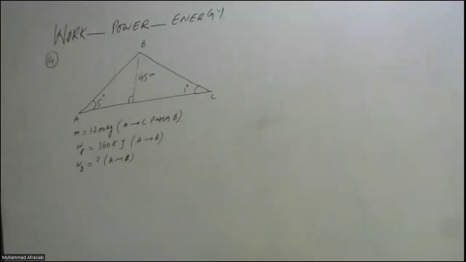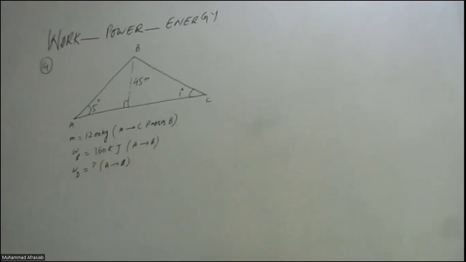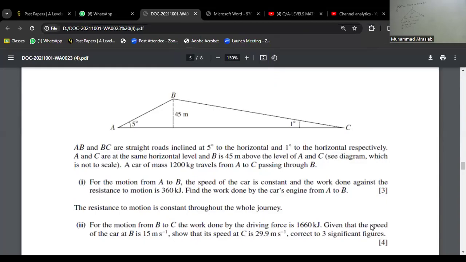Question number 14 for this topic of work, power, energy for M1. The question statement is: AB and BC are straight roads inclined at 5 degrees to the horizontal and 1 degree to the horizontal respectively.